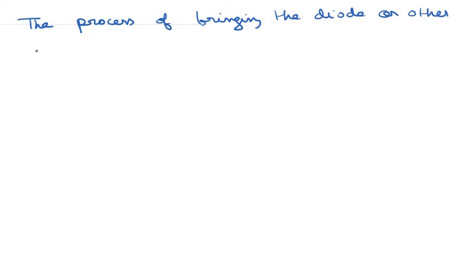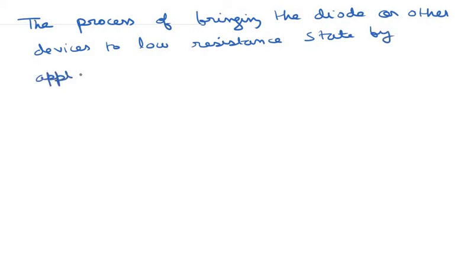The process of bringing the diode or other devices to the low resistance state by applying a DC voltage is known as DC biasing.